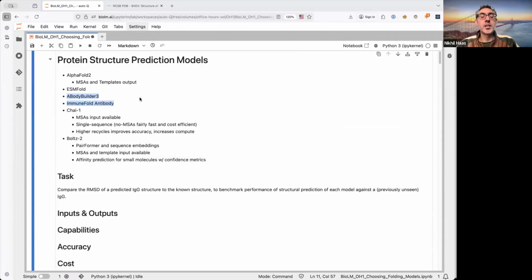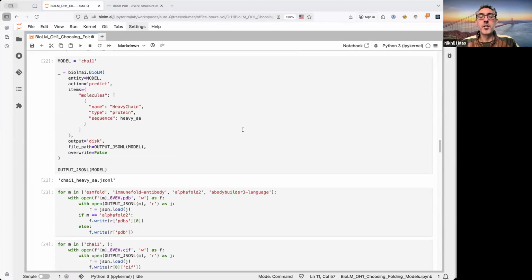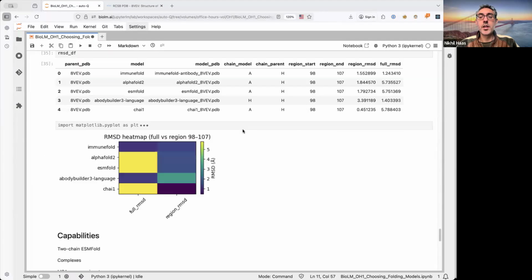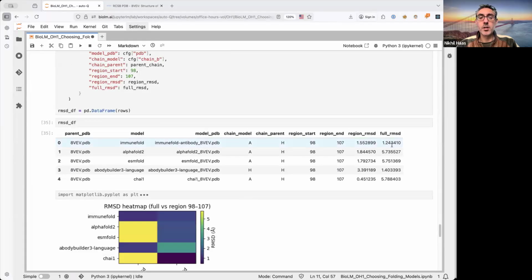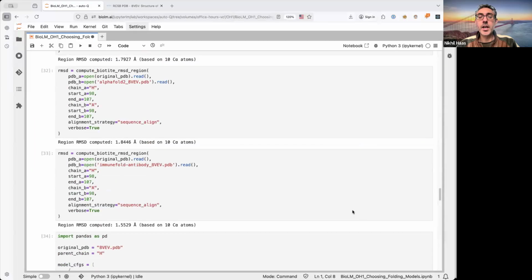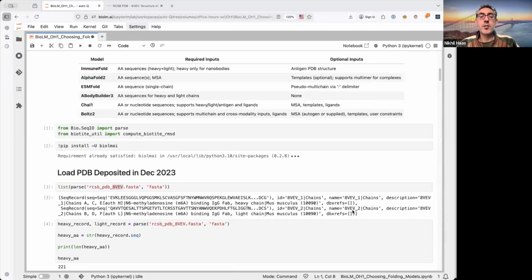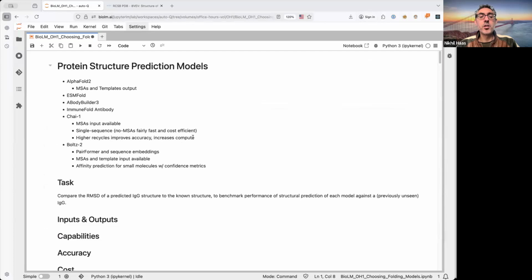So if you're doing an antibody and find that you need structure prediction, ImmuneFold is doing pretty well. If you can get Chai's RMSD around the full molecule lower, by providing new input or more recycles or something like that, that could be something you use downstream.